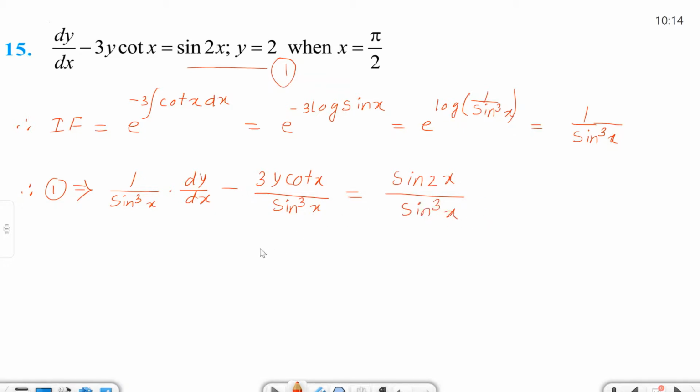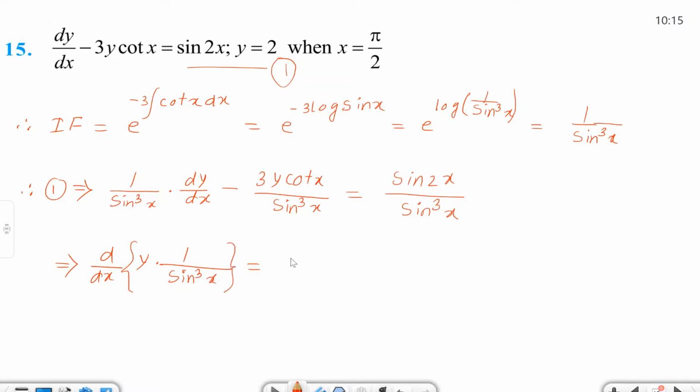So the left hand side we can directly write as d dx of y into the I.F., which is 1 by sin cube x.